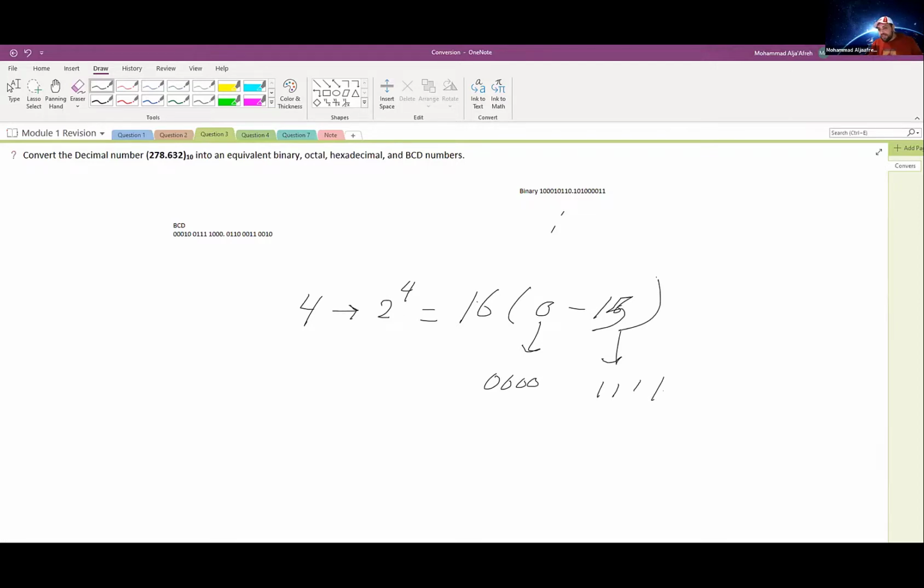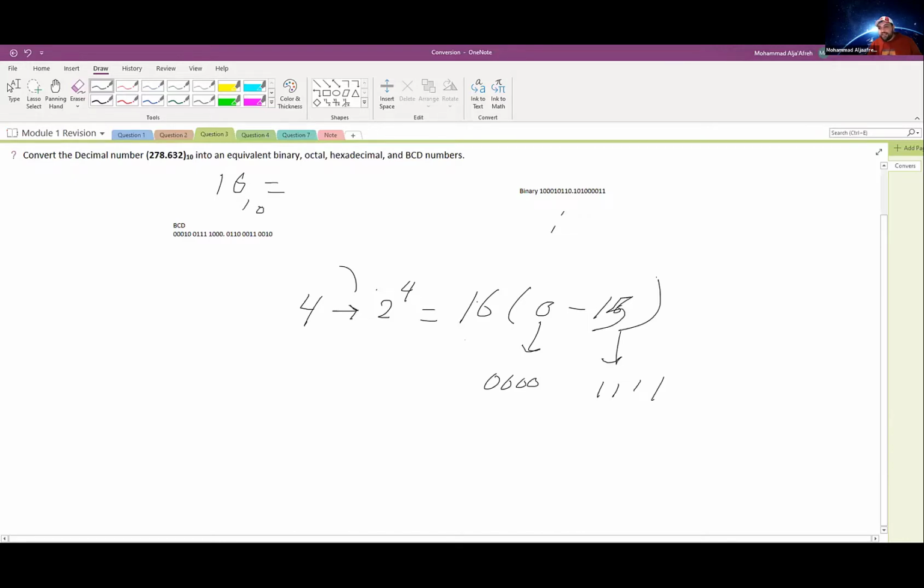So what is the question again? When we want to represent 215 in BCD, do we consider 15 as 1111? Okay, let's suppose that I want to represent 16 in BCD. This is 16 in decimal. How?